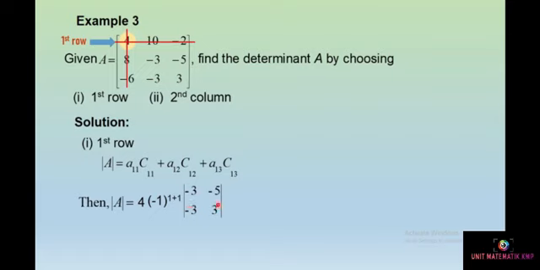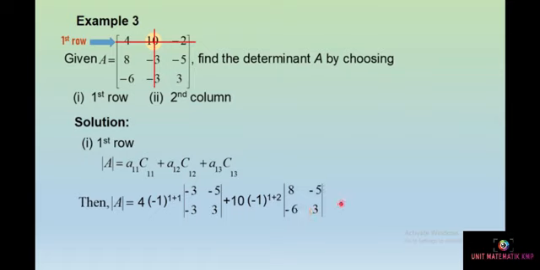Okay, for the second element, row 1 column 2, we have the element 10 times its cofactor, negative 1 to the power row 1 plus column 2. Then delete its row and column, so write the determinant.